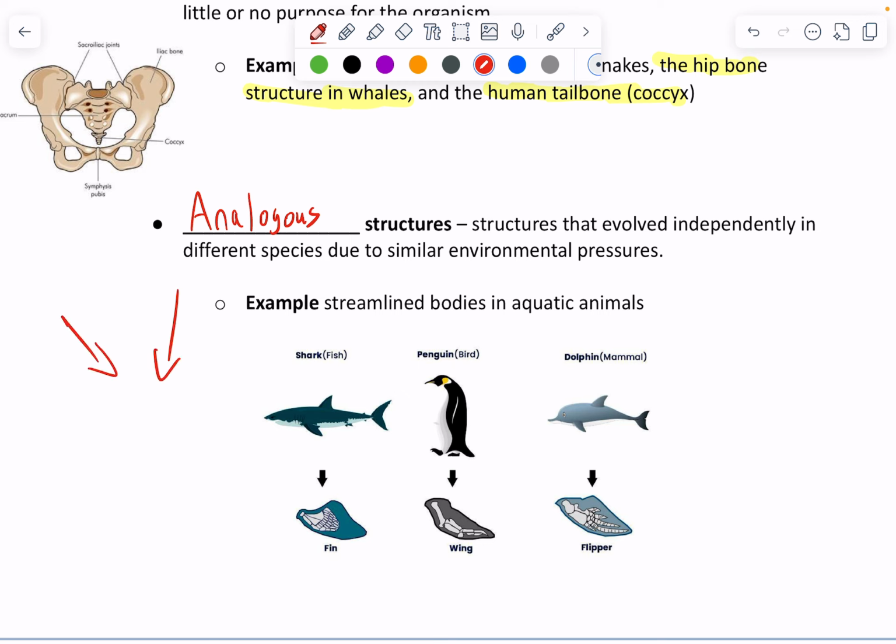We've talked about convergent evolution. And so these are things that look the same or have similar traits, and that's entirely from same or similar environments or environmental pressures.